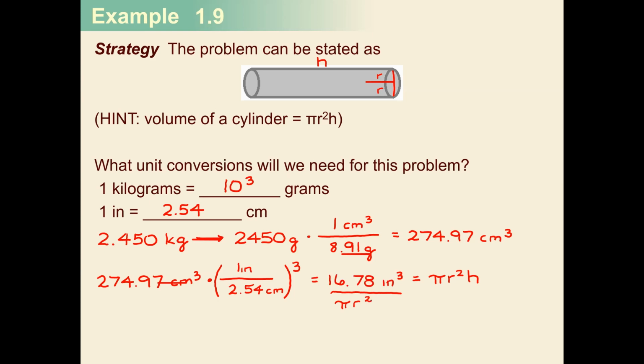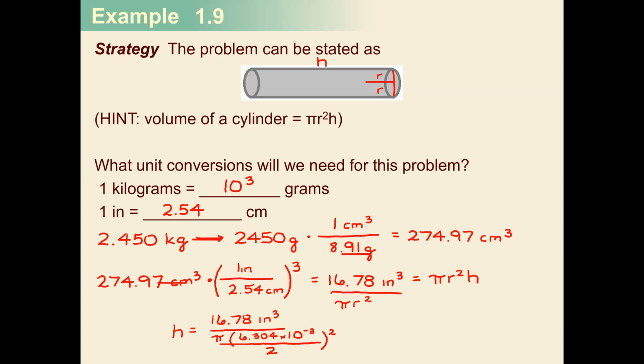So if I do this and solve for h, my h would be equal to my 16.78 inches cubed over pi, and now my r is going to be my 6.304 times 10 to the minus third, but I need to divide that by 2 in order to get the radius from the diameter, and I will square that.